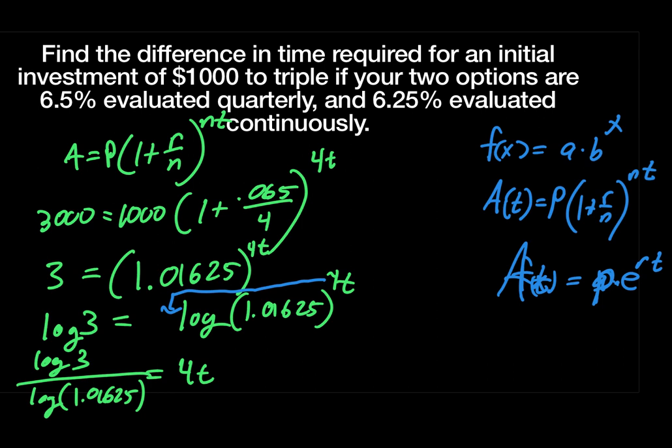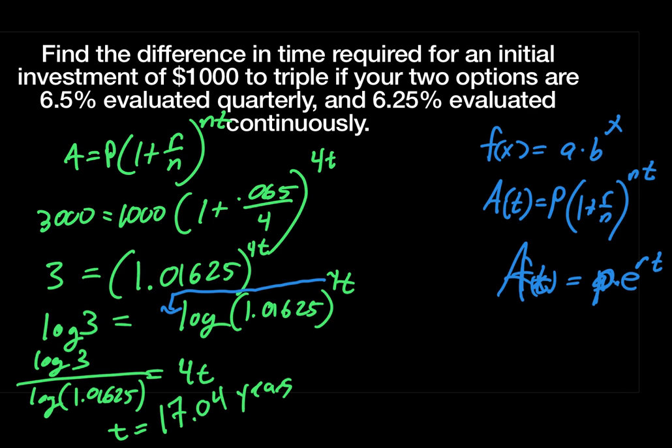And then finally, I would divide by 4. So I can do that in my calculator, find out that t equals 17.04 years. That is how long it would take to triple if you're doing a 6.5% quarterly evaluated investment.